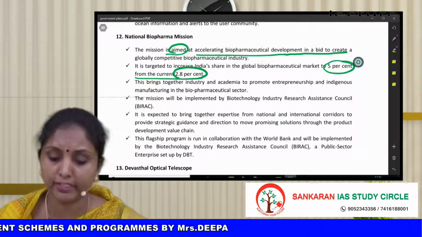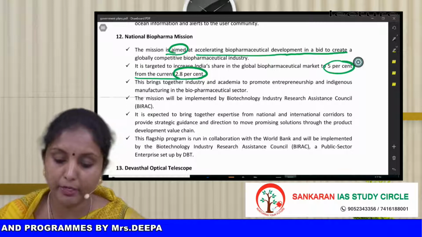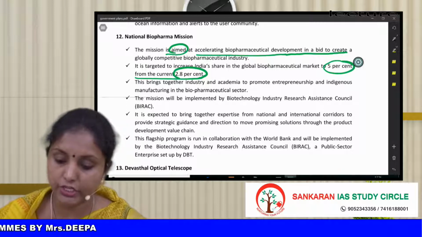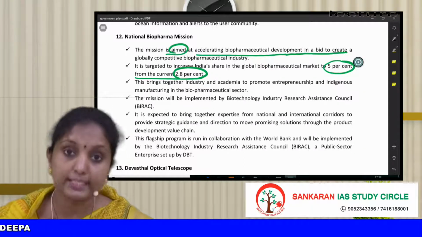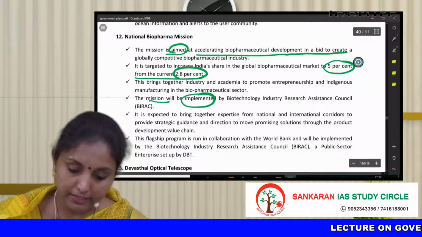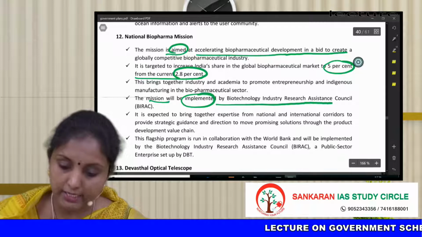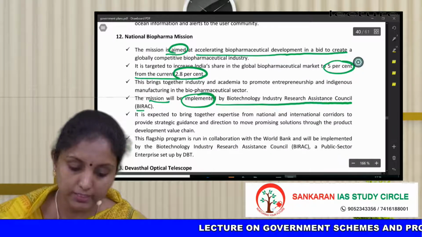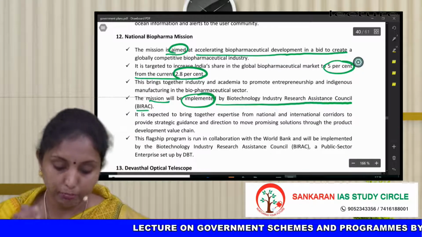And the mission will be implemented by the Biotechnology Industry Research Assistance Council. This is important. That is very important.